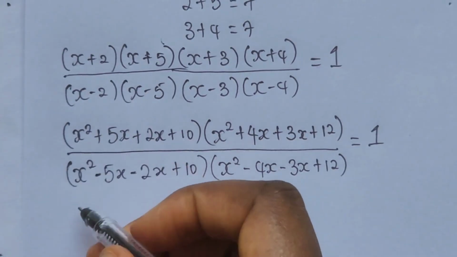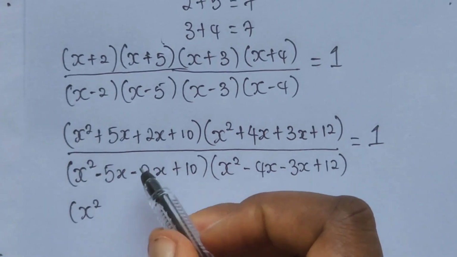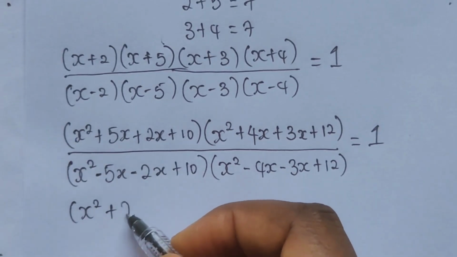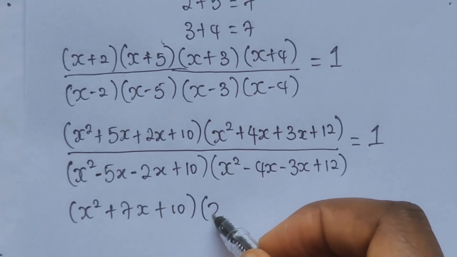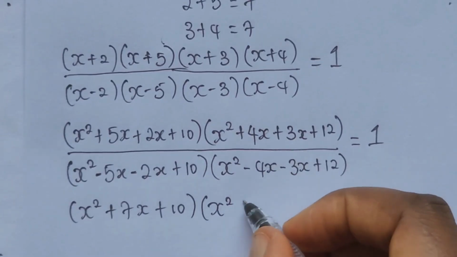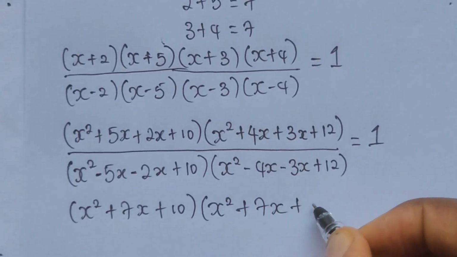So resolving this, we have x squared plus 5 plus 2, we have 7x plus 10, and x squared plus 4 plus 3, we have 7x plus 12.